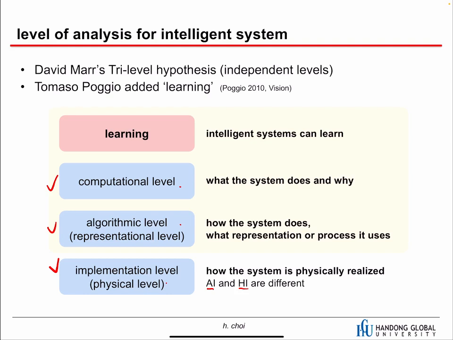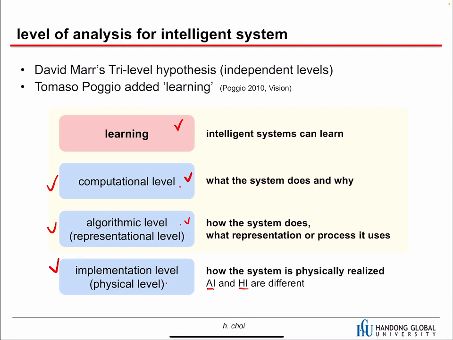Because our intelligence is based on our biological brain, and artificial intelligence should be based on silicon and chips, so it's different. As long as we have the same kind of algorithm level, then we can achieve the same kind of intelligence. Or if the algorithm level is too much, then we can achieve the same kind of computational level. Then we can achieve the same kind of intelligence.